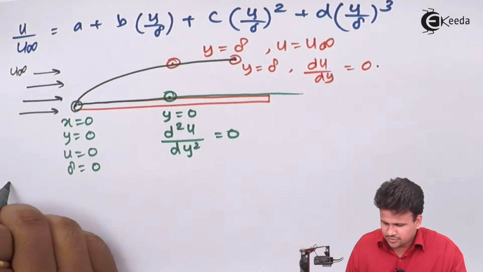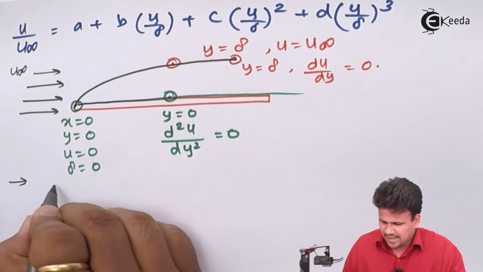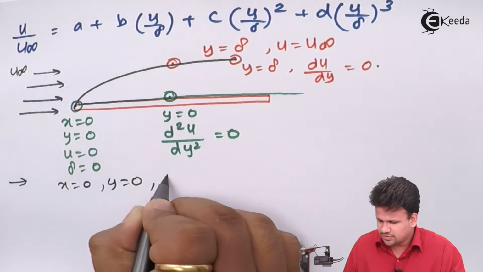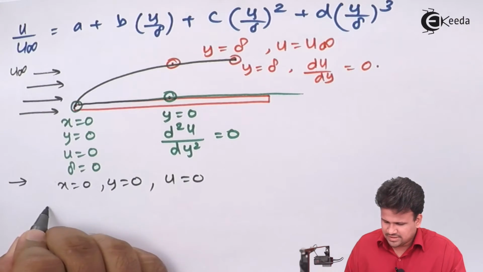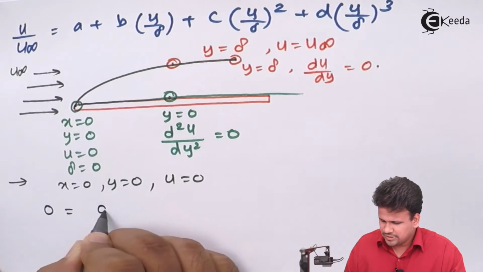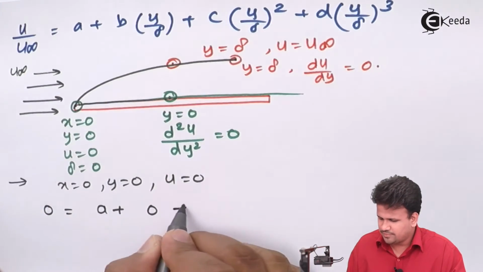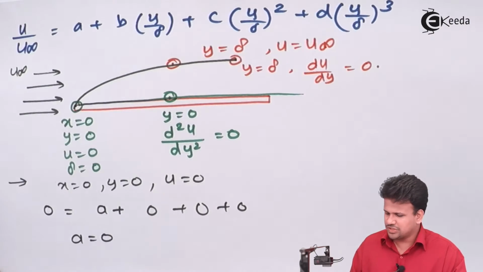So if we substitute the first boundary condition, we get at x is equals to 0, y is equals to 0, u is equals to 0. So when we substitute this, the left hand side is 0, and all the y values are 0, so 0 plus 0 plus 0 will give a equals to 0.